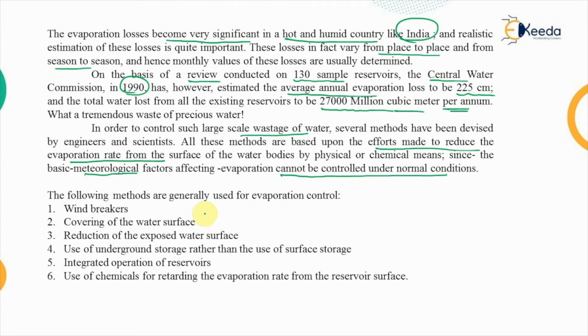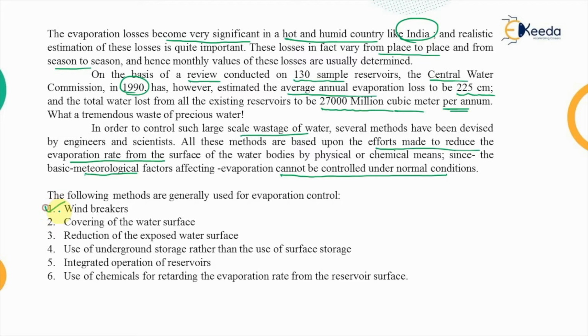So the methods for evaporation control are, first, the windbreakers. That means if we provide certain windbreakers in the near vicinity of the reservoir, that will reduce the wind velocity, and because of that the water vapor blanket which is accumulated above the reservoir would not be removed easily.